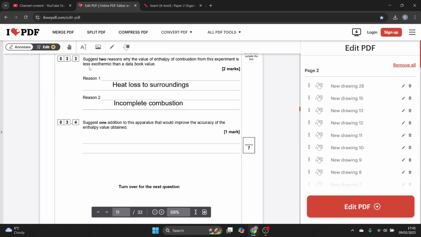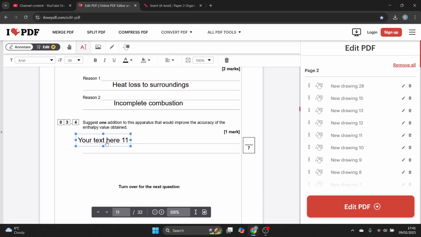Suggest one addition to this apparatus that would improve the accuracy of the enthalpy value obtained. Use a lid to reduce heat loss.